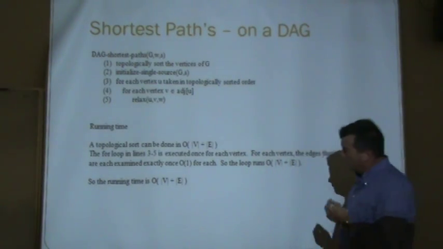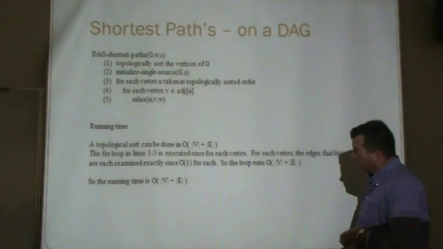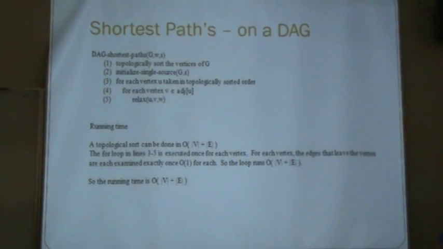So for a topological sort, the first part takes order V plus E, whether you use depth first search or breadth first search. And then lines 3 through 5, which is really the relax part, even though it's driven by for loops, are executed on each vertex. And then for each vertex, the edges leaving it are examined exactly 1 time.